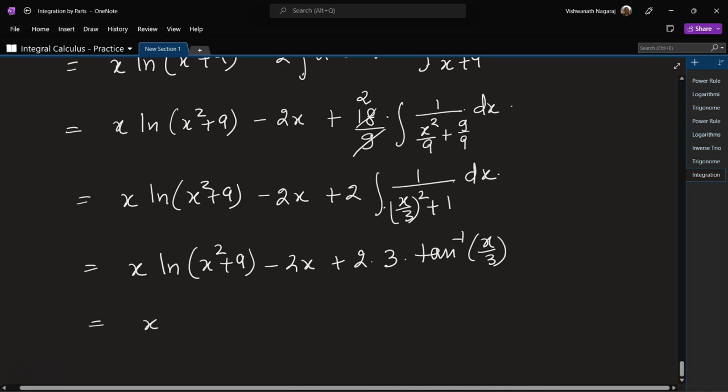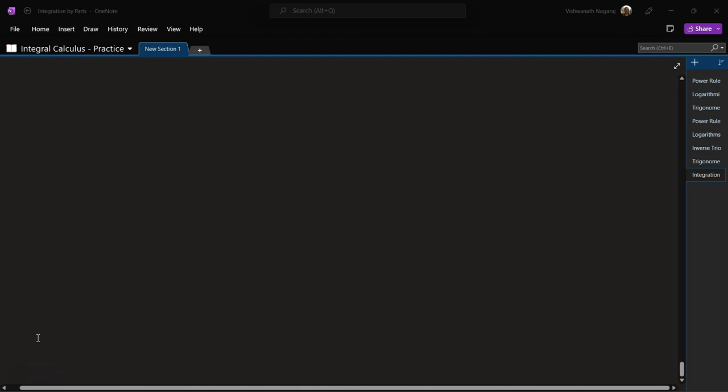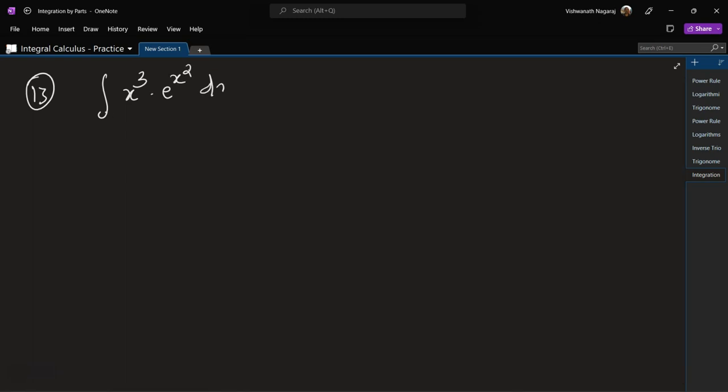Final result will be x natural log of x square plus 9 minus 2x plus 6 tan inverse of x by 3 plus c. The next one, 13th one, integral of x cube times e to the power of x square dx.